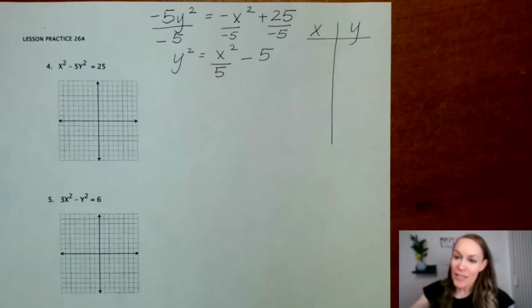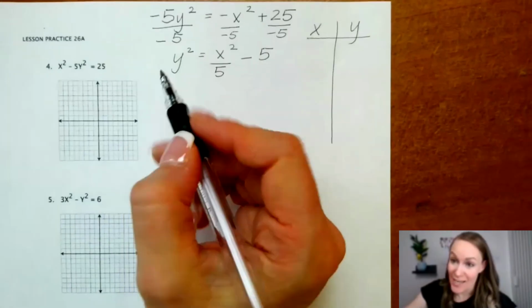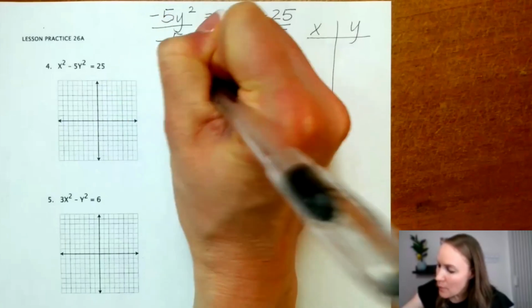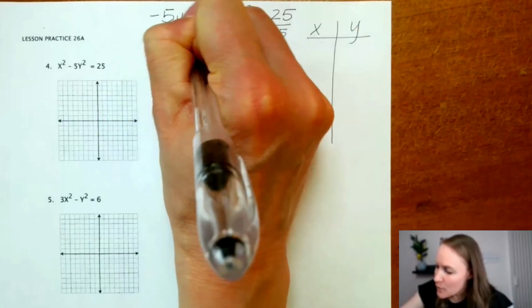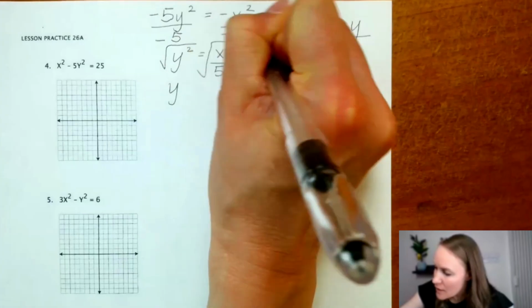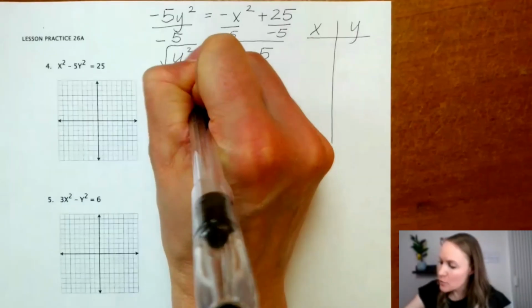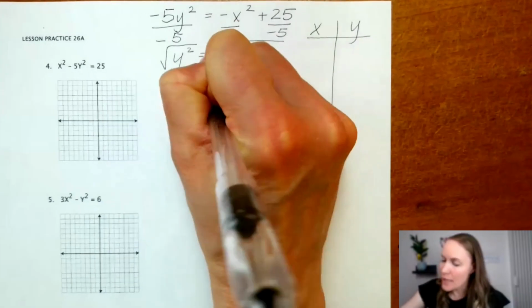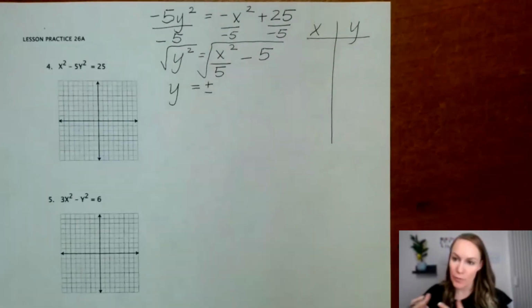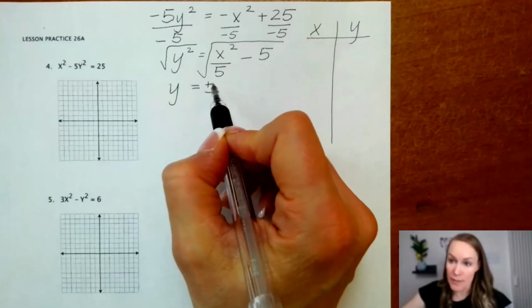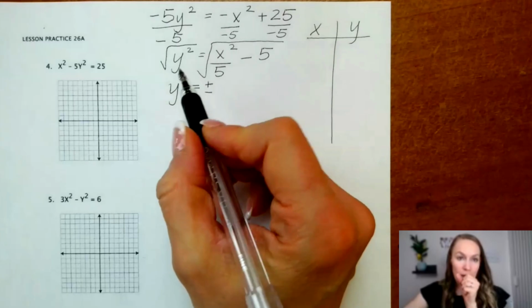Okay, now I need to square root both sides. So I have y squared, so I'm going to square root that side and square root this side. So I have y equal to plus and minus. Remember, whenever we're square rooting something, we have to consider the positive values and the negative values.